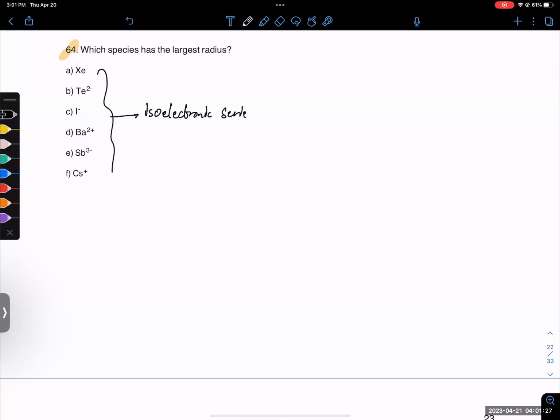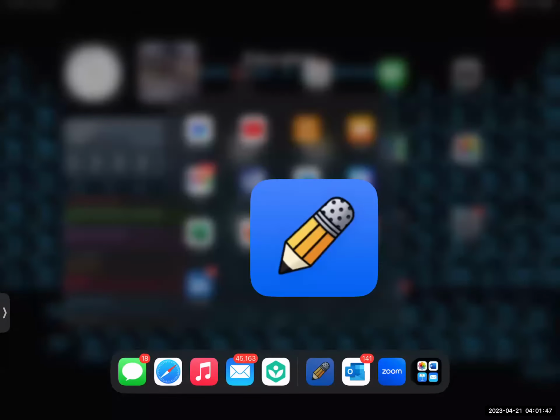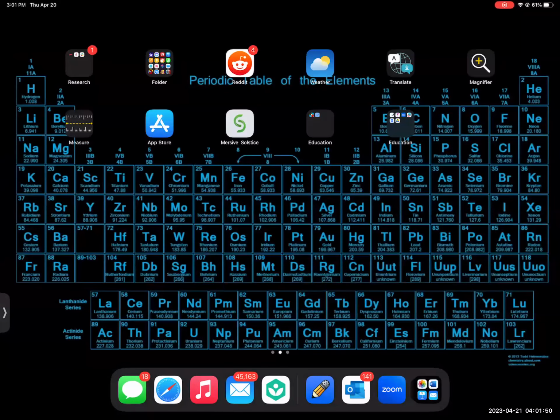So what that basically means, since some of y'all haven't learned it yet, is all these ions right here will have the same configuration as xenon, a noble gas. If we look at our periodic table, tellurium is 2 away from xenon. So Te2 minus would add 2 electrons, right? So the electron configuration of Te2 minus would be identical to what?